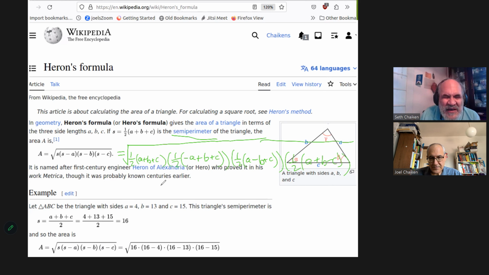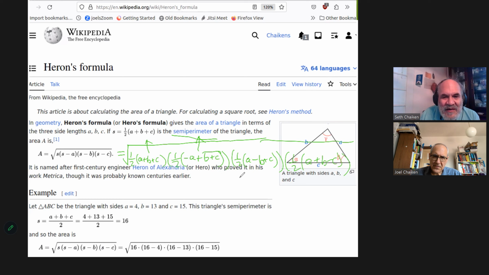Okay, now say we increase both B and C, then this term goes up. Here, B plus C also goes up.